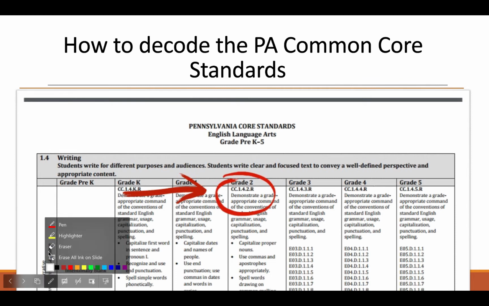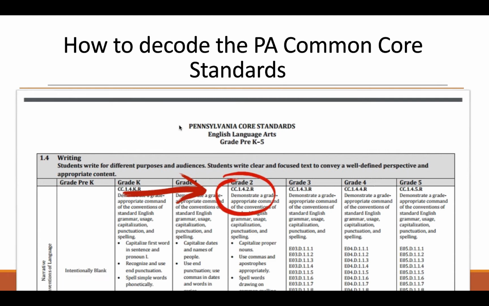First of all, the Pennsylvania Core Standards will begin on the top saying Pennsylvania Core Standards, and if you're doing a literacy class, they'll have English language arts there, and then in the title, the grades. Now there's two versions. There's grades pre-K to 5 and 6 through 12.